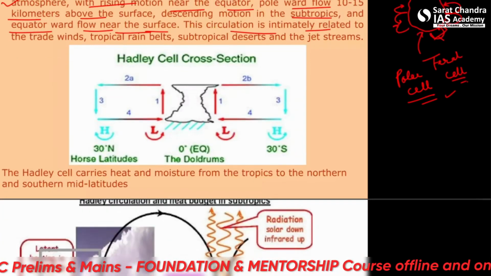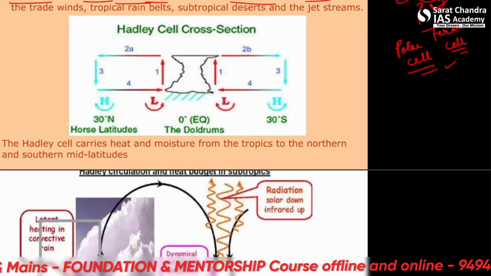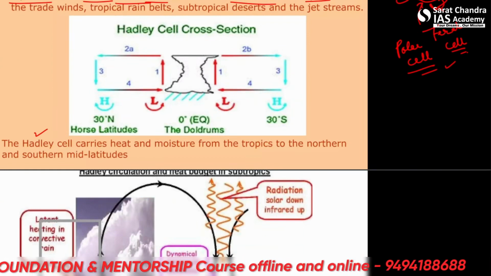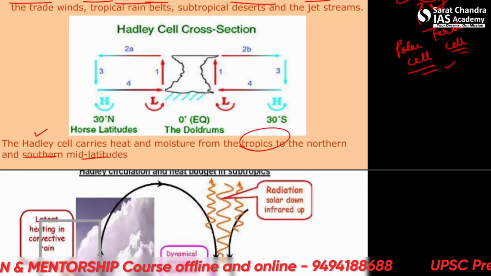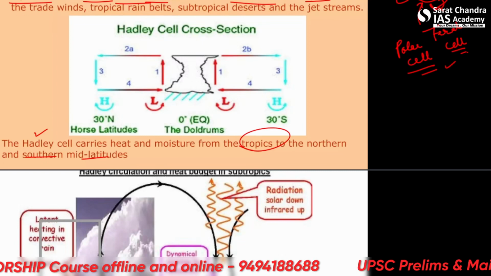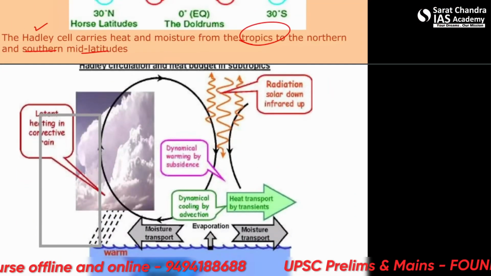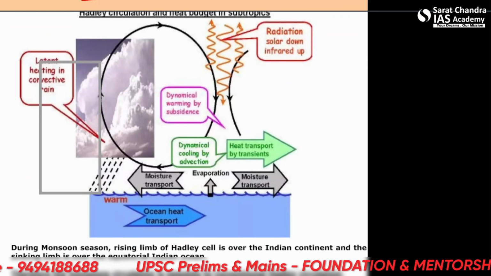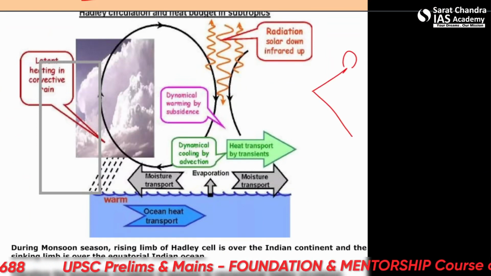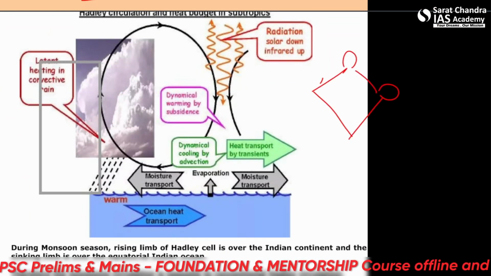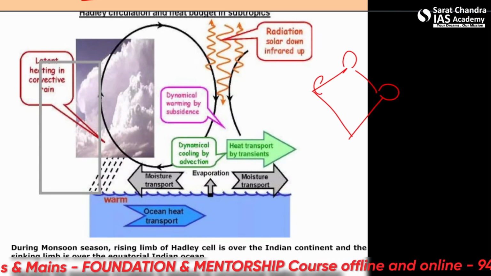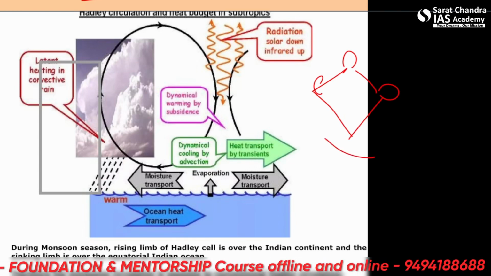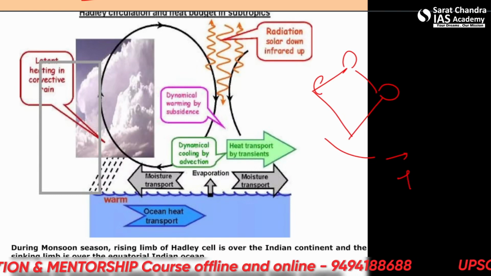Alright. So what is the significance of this Hadley cell? The Hadley cell carries heat and moisture from tropics to the northern and southern mid latitudes. Alright. Let's just now see about this. So now when we see the Indian subcontinent, let's say, alright, we see that Indian subcontinent is this, and let's say equatorial Indian Ocean is this.